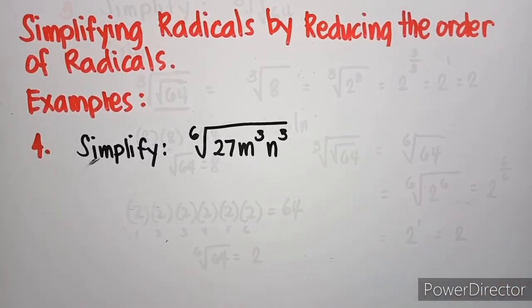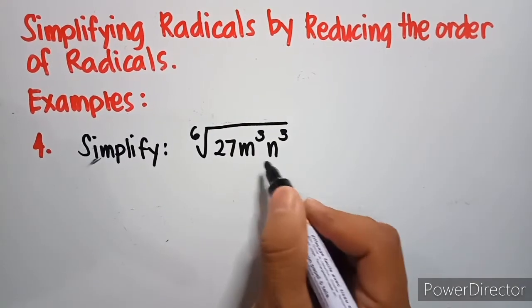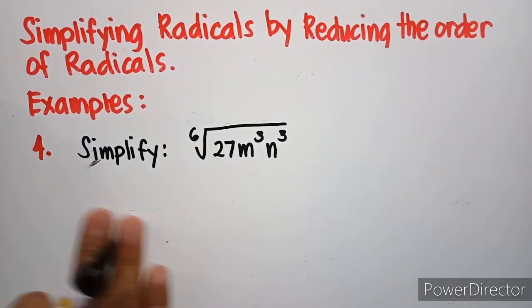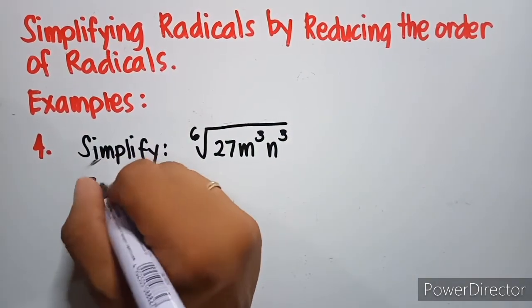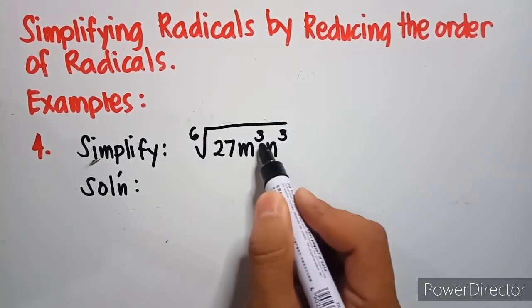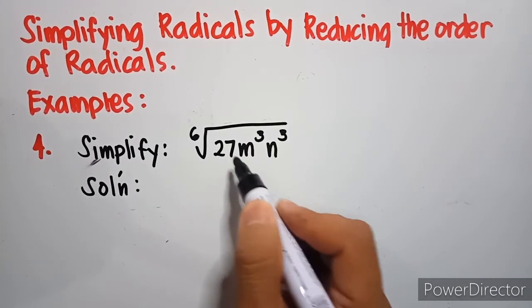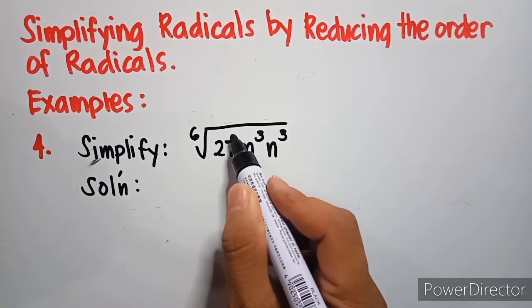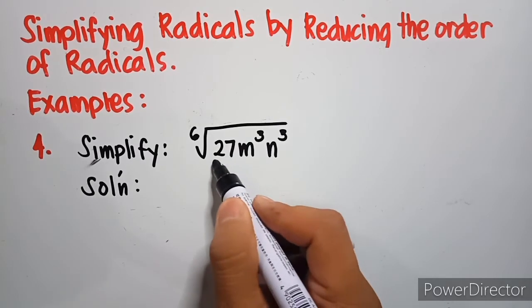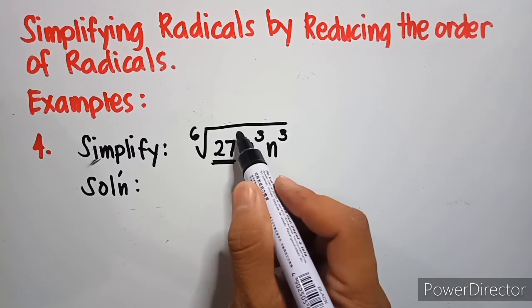So, number 4. Simplify. 6th root of 27 m cube n cube. So, we will have our solution. So, kung mapapansin natin, walang exponent na lumampas sa 6. At ang 27 ay walang 6th root. Kaya ang gagawin natin ay yung 27, gagawin din nating fractional form.